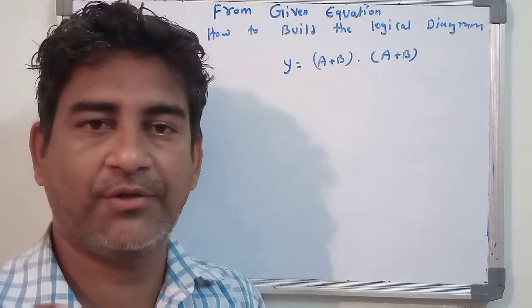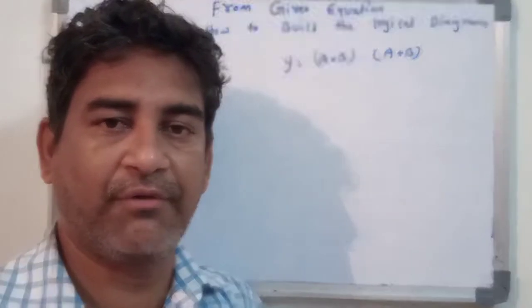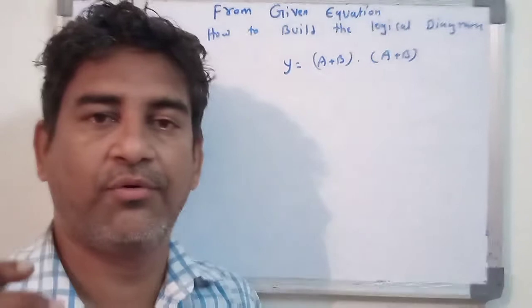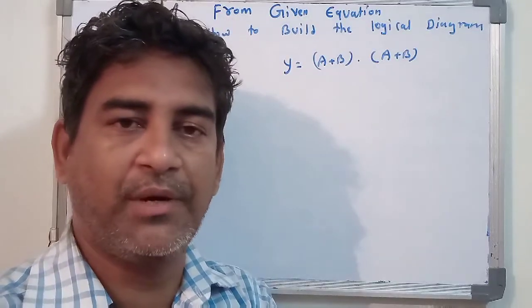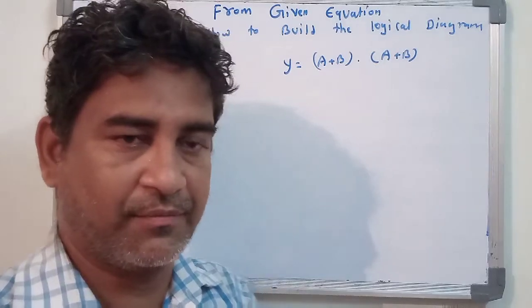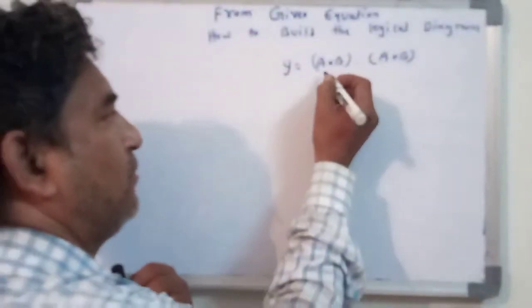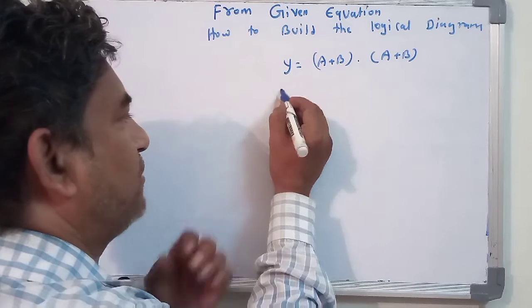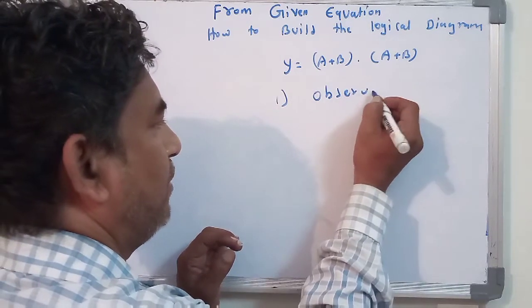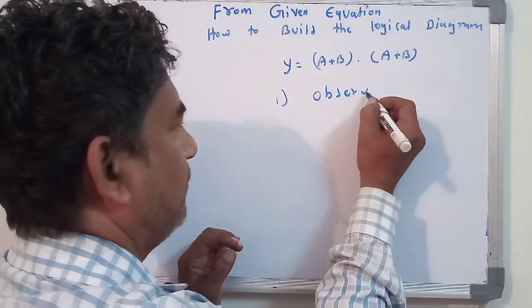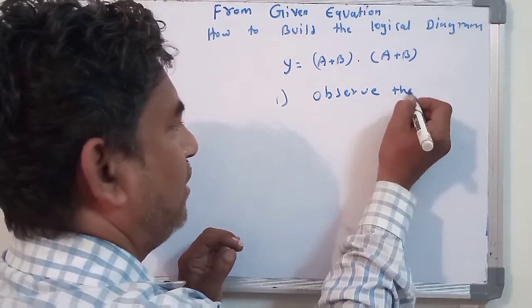So very first, in that equation you have to observe the variables. How many variables are present? Okay, students? So, observe the variables.